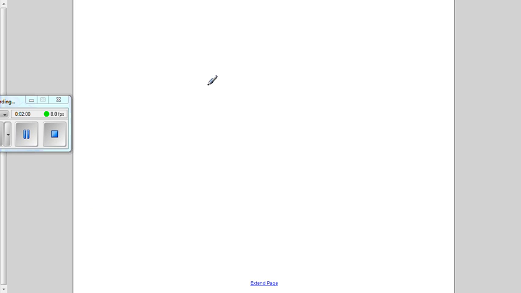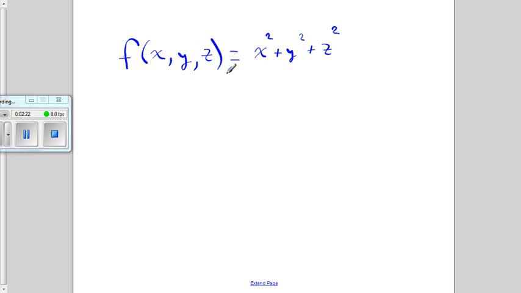So let's imagine that you have some function f of x, y, z, and it equals x squared plus y squared plus z squared. Well, this is a 4-dimensional object, but what we could do is think about when f of x, y, z equals 0. What is this shape?